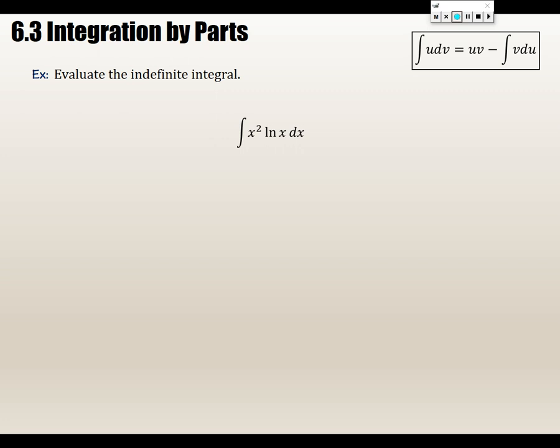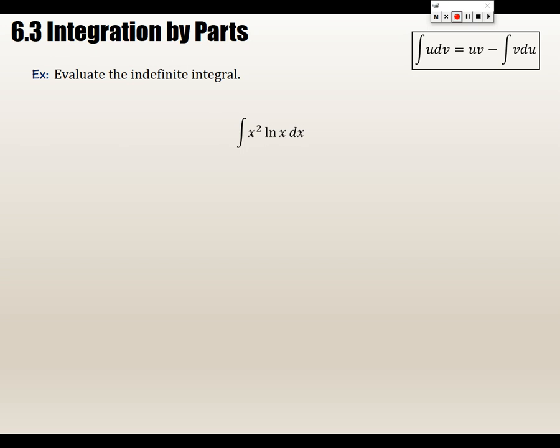You have one in the end. You know how to find the integral. That's me, not you.